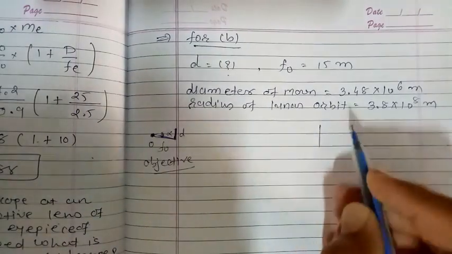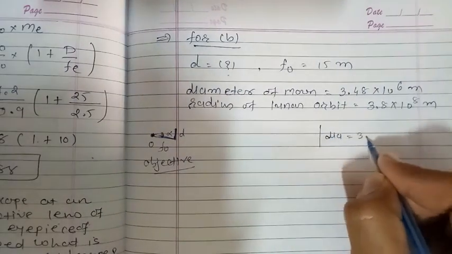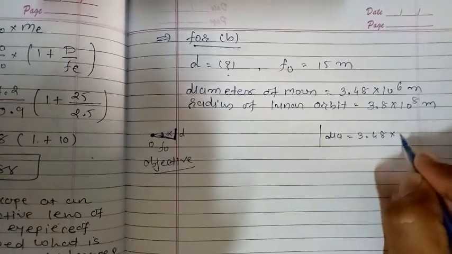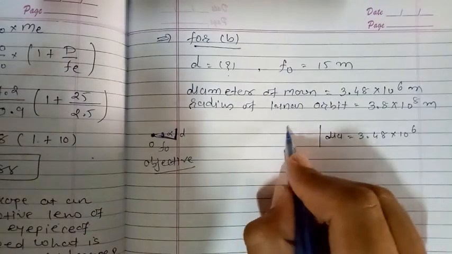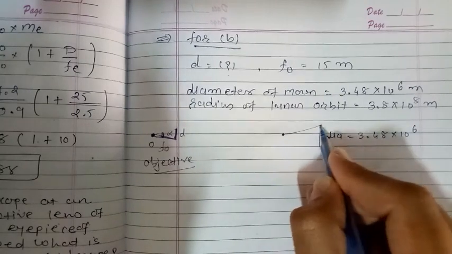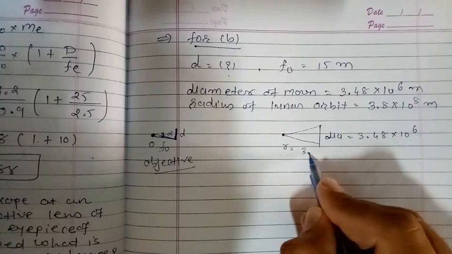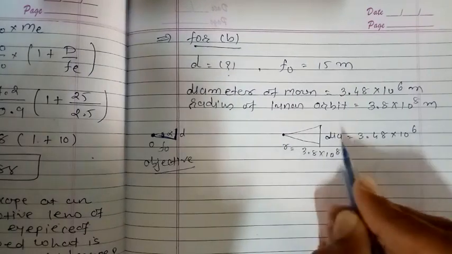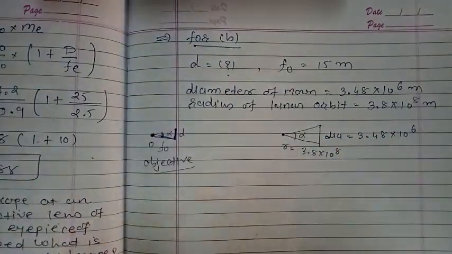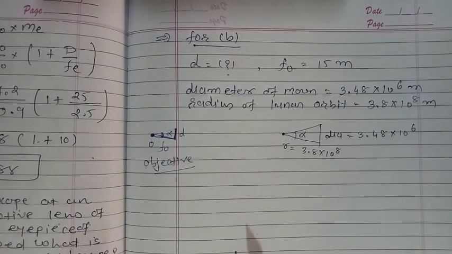Here this is the diameter of the moon, given 3.48 into 10 raised to 6, and here this is the radius, 3.8 into 10 raised to 8. So here for the plane angle we assume alpha. So in both cases alpha is the same, right?